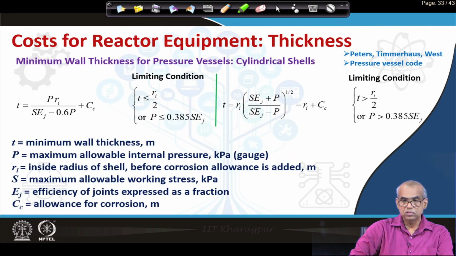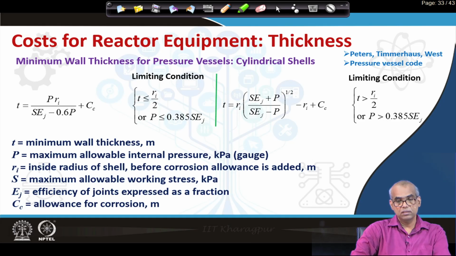Now, you can look at, say, ASME pressure vessel codes to find out the minimum wall thickness for pressure vessels for various types of shells.